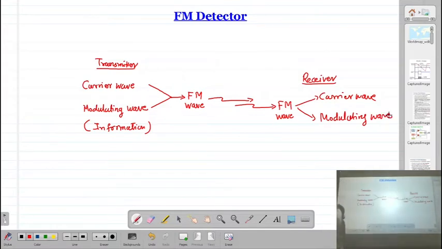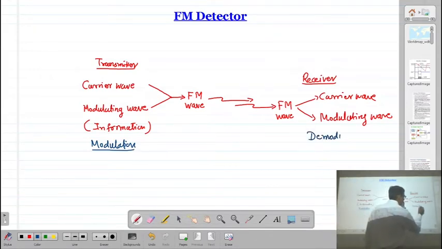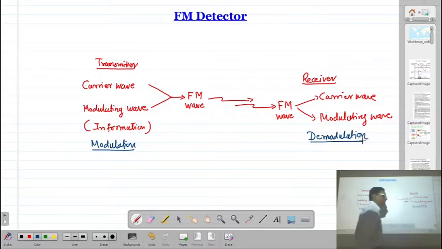Correct? So remember, the modulation process is performed by the transmitter, and the reverse process, which is called the demodulation process, is performed by the receiver.